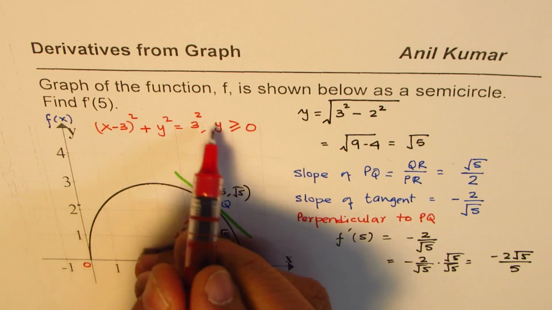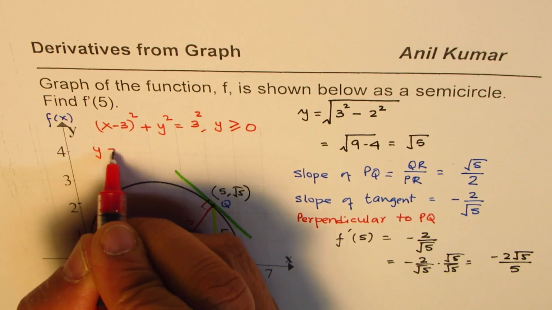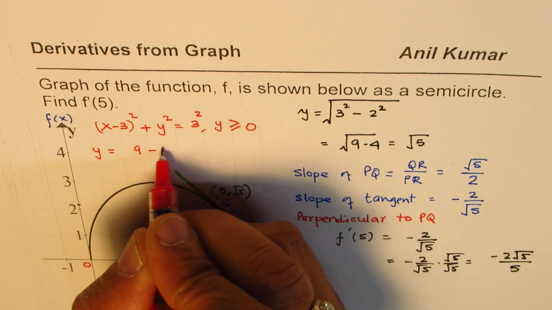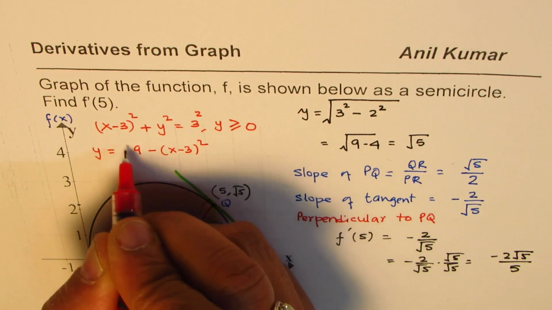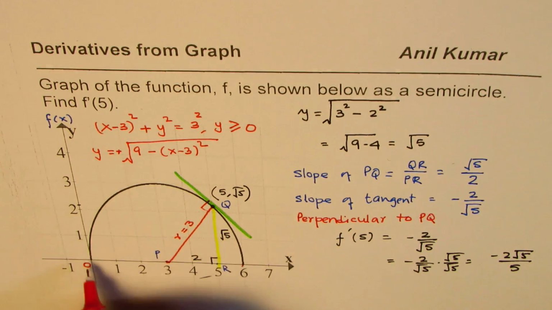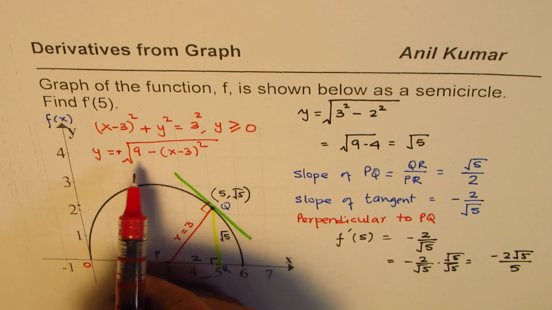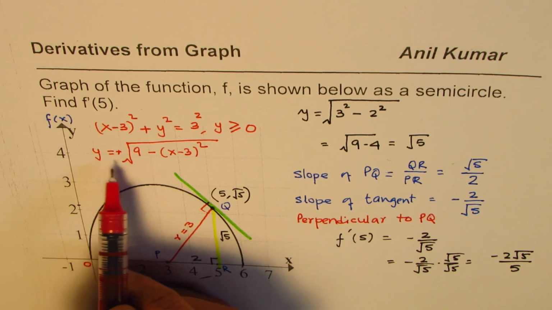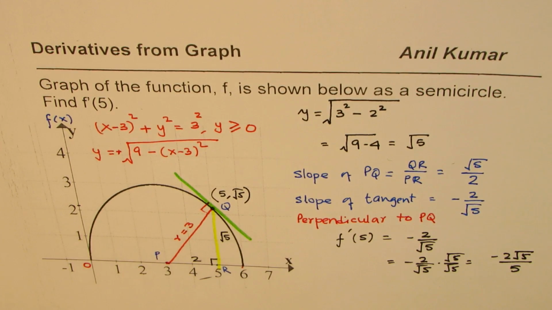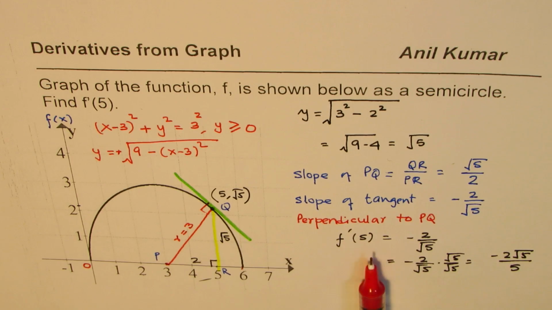Once you rearrange this, you could write y equals the square root of 9 minus x minus 3 whole squared. Taking only positive values, since y values are positive here, we could use this as our function, and the derivative of this function and the value at 5 will give us the answer. That was kind of an algebraic solution to this given question. But if the graph is given to you, then the method adopted should be as I've shown you here.